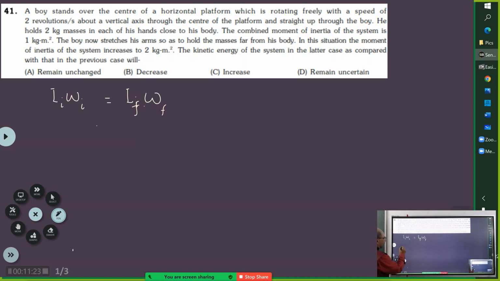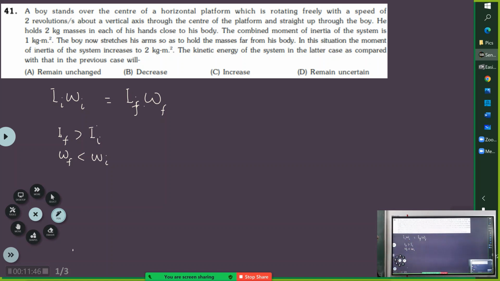But here what you have to see is that I_f is greater than I_i because he is stretching his hands. So obviously omega_f will be less than omega_i. That is our conclusion from this.